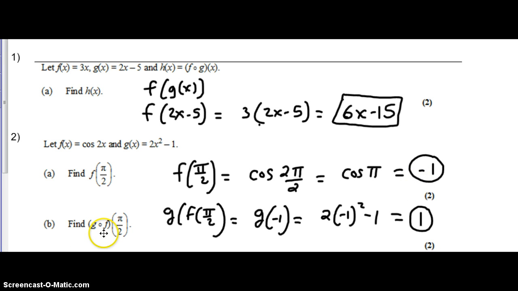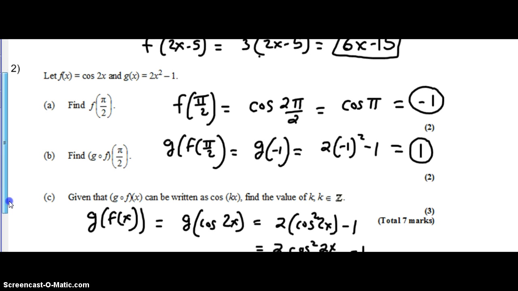Now part B is g of f of pi over 2. So we already found f of pi over 2, so we know that's -1. So now we have to find g of -1. So we plug in -1 for all the x's in g. There's just one x, so it's -1 squared times 2 minus 1, which is 1.